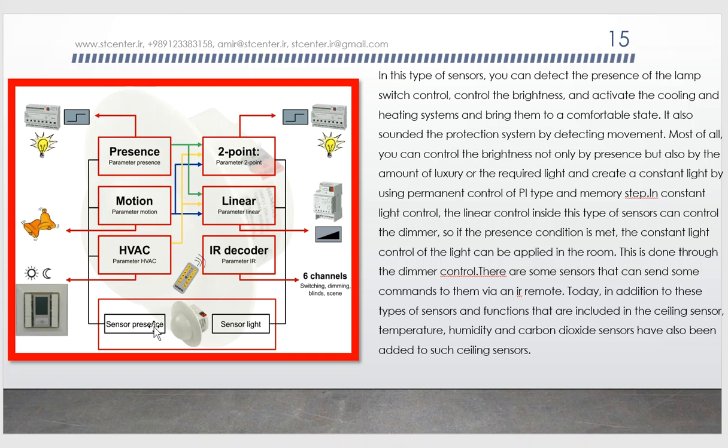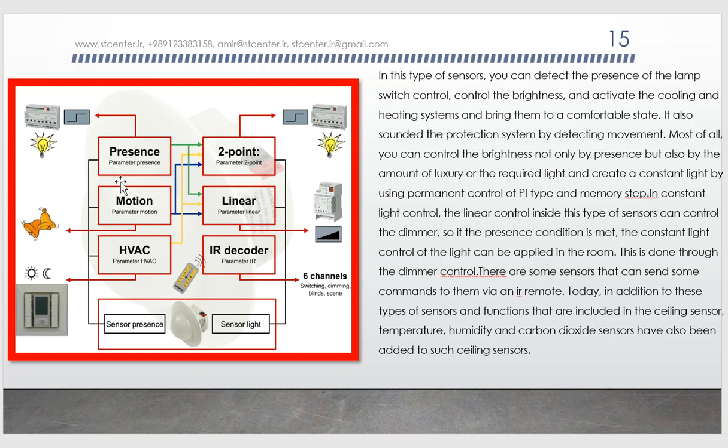When we talk about one sensor, what parts does it have? It has the light sensor inside of it. It has the presence sensor inside of it, for example a PIR sensor, a microwave sensor, or a combination of them. Then in the programming in ETS, most of the time for professional sensors, listen to me, for professional sensors, we have different blocks.